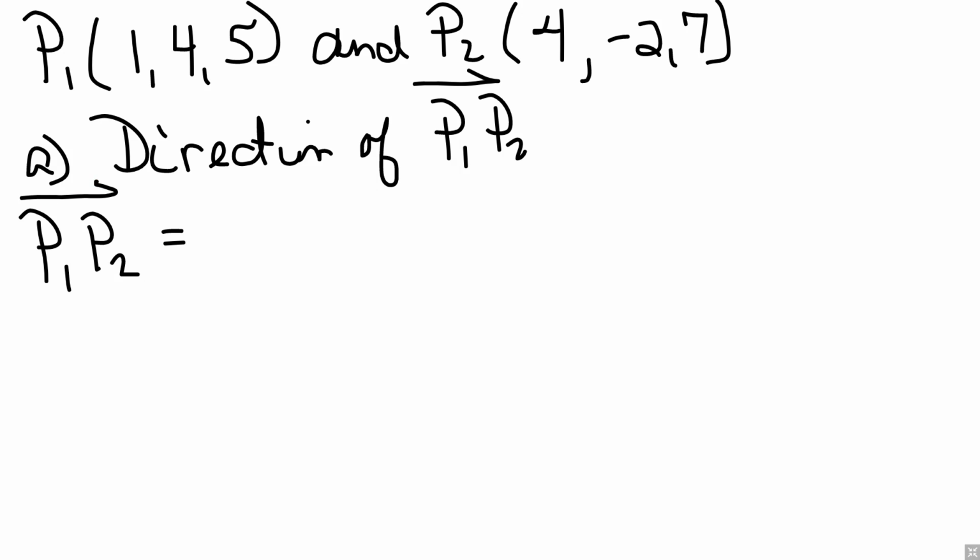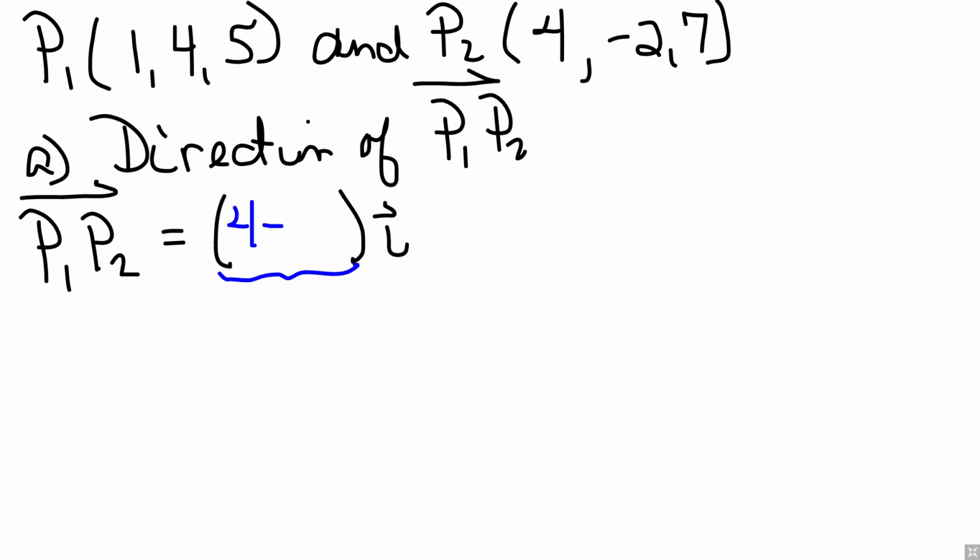Okay, so if we find that vector P1P2, I'm going to do the vector in ijk component form. So for the i component, what am I going to put inside of the parentheses right here? 4 minus 1.